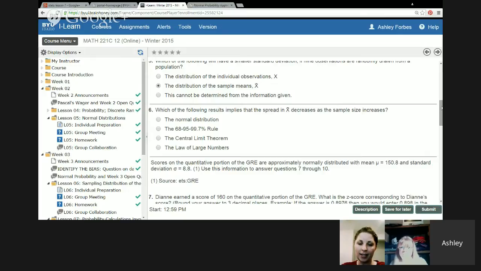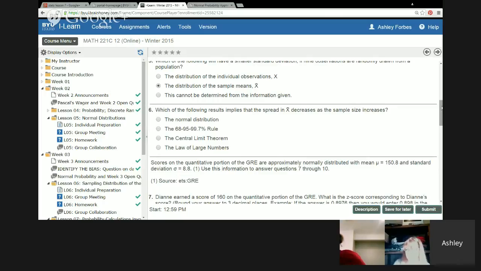I was thinking about the law of large numbers. It says that a sample mean X will be closer to the mean. I have it written down, but I don't have it as a rule.